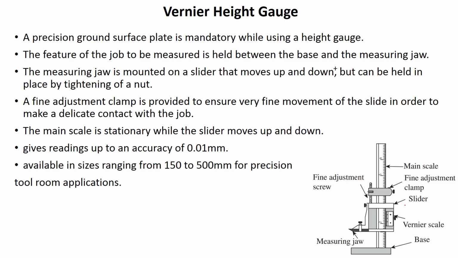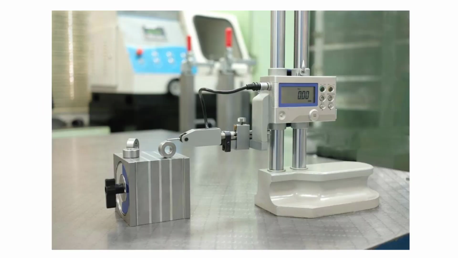The vernier scale was fixed on the frame, and the main scale used to slide up and down. In this case, the main scale is fixed, and the frame with the vernier scale both slide on the main scale. It will also give an accuracy of 0.01 mm, and everything else is the same.